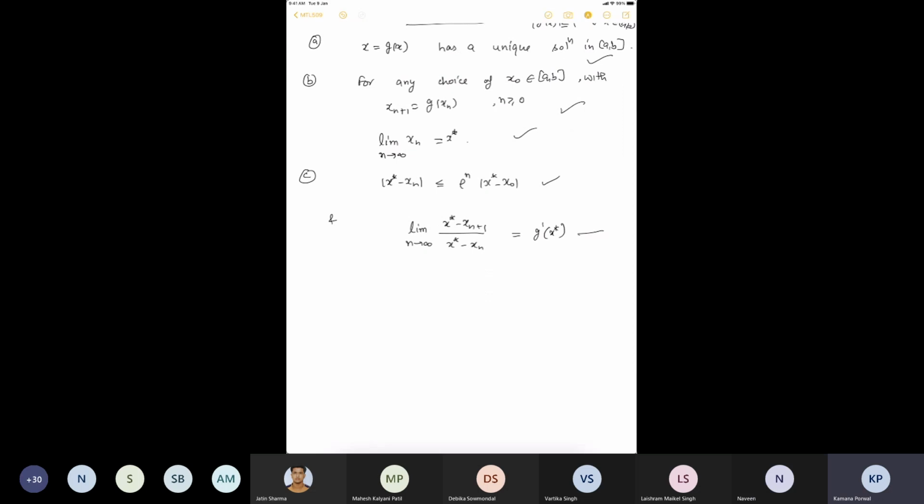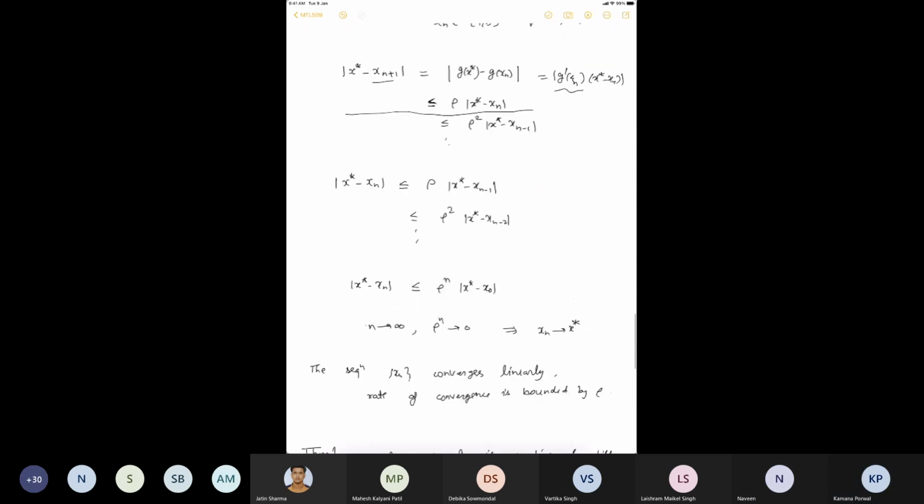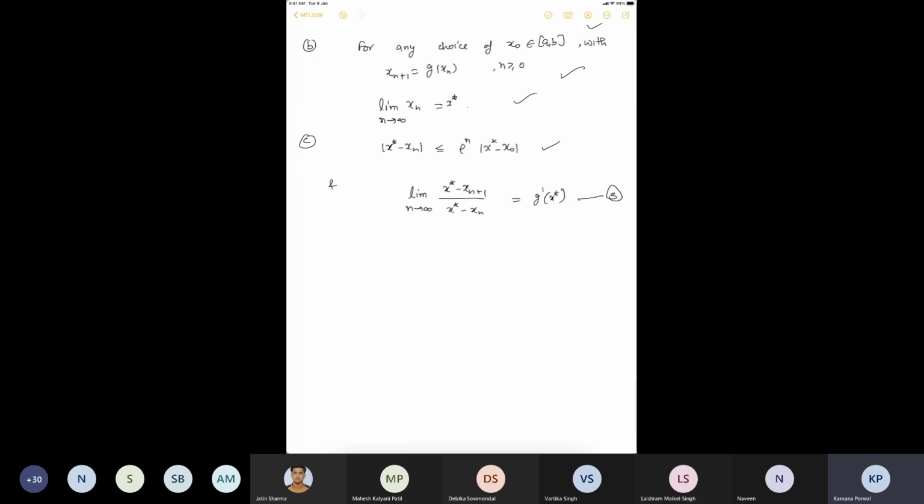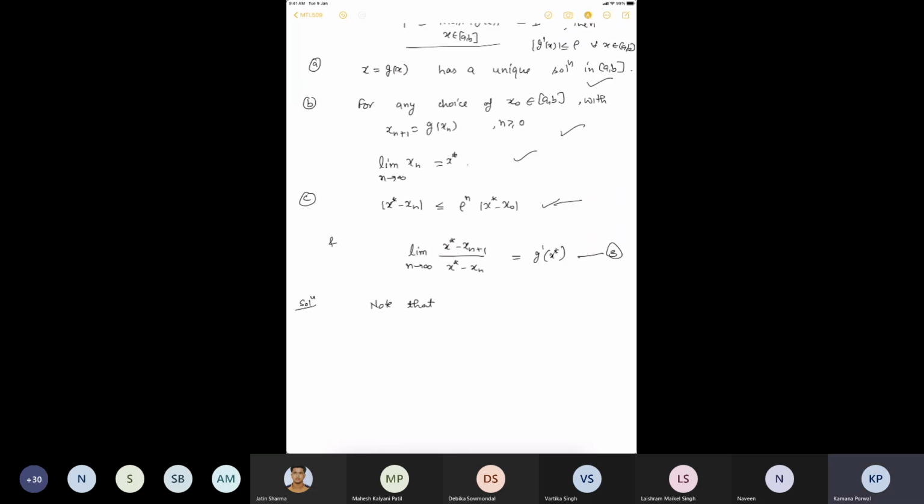Okay, so what we have not seen is this part, this equation. Let's give it an equation number. I think this must be 3, and let's give this as 4.